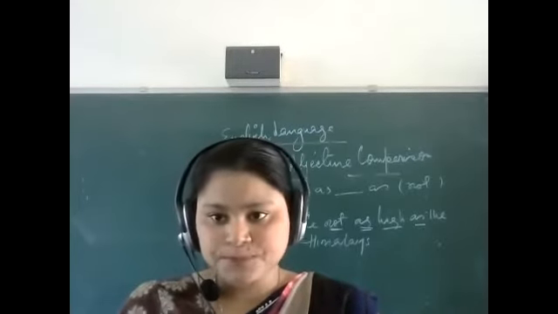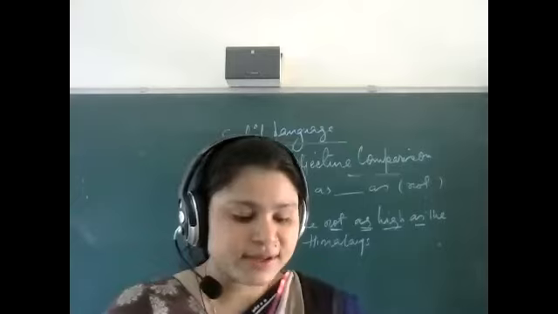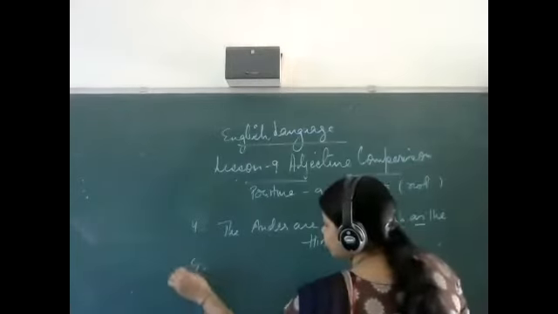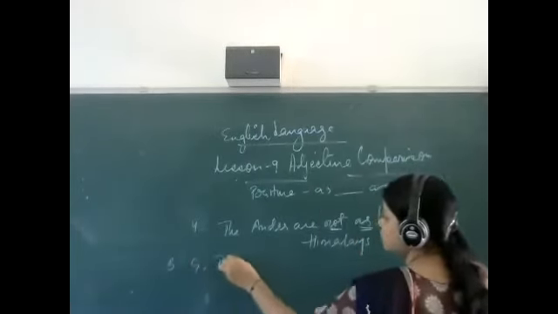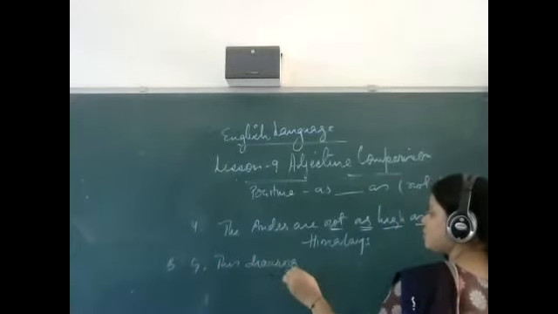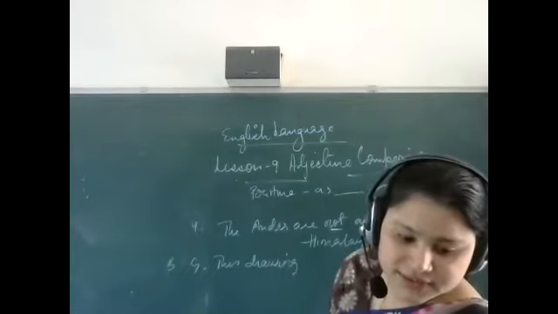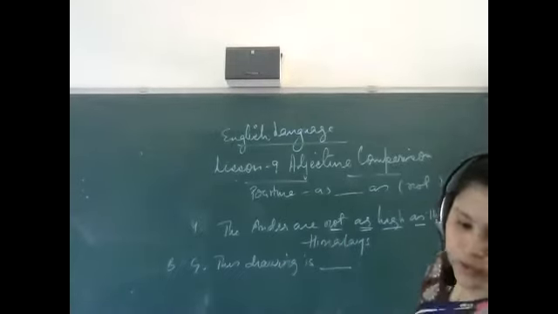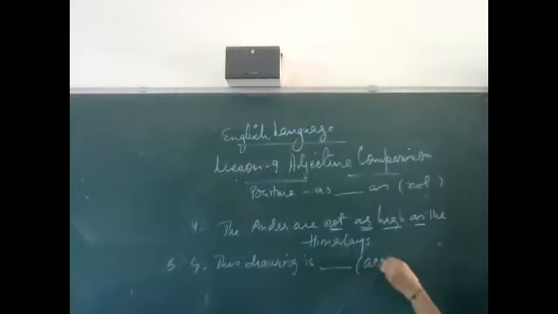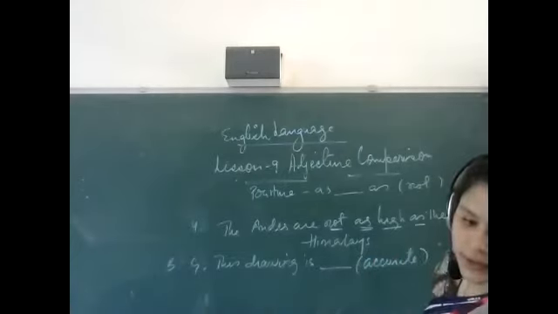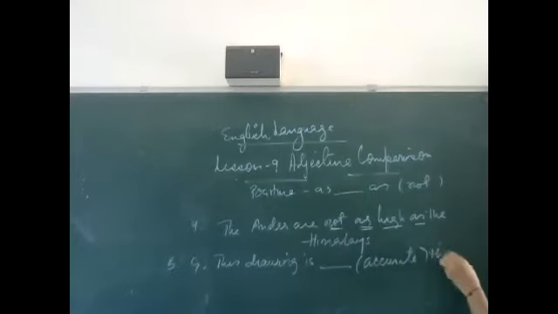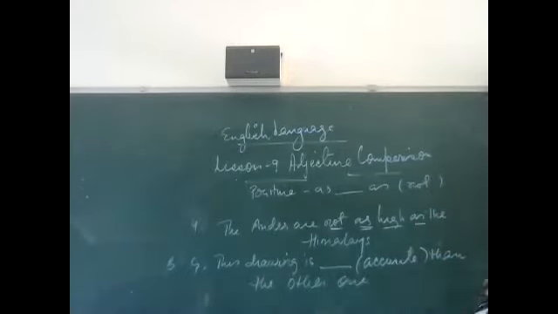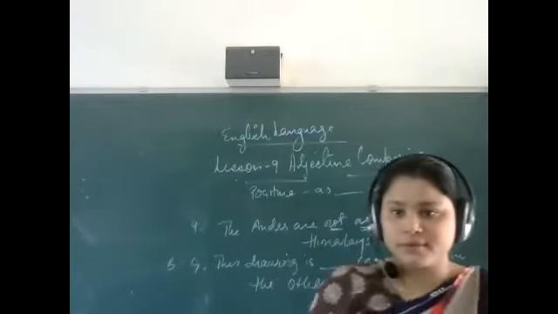For that you have to check the sentence. This drawing is more, dash, with accurate in brackets, than the other one. See, it is talking about the other one.